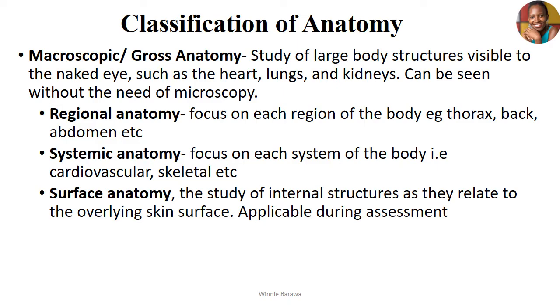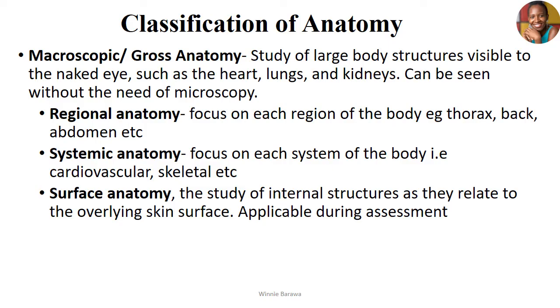So what does it mean when you are studying anatomy using regional, systemic, or surface anatomy? With regional anatomy, this is the study of anatomy where we focus on the regions of our body. Our body has different regions, including, for instance, the thoracic region, the back, the abdominal region, the lower limbs, upper limbs, and so on.